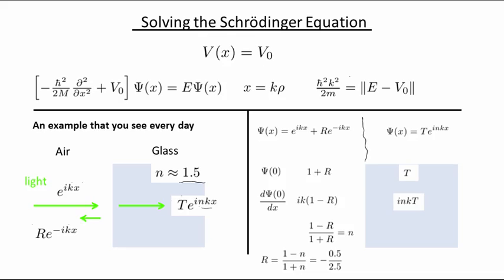We have a wave function on two sides of an interface, the air and the glass, so we have to match the values of the wave function at the boundary. For x equals 0, that's very easy. It's 1 plus r here. It's t here. So we have to have 1 plus r equal to t. And then we match the derivatives. This is the continuity condition that's required in quantum mechanics. Once again, it's easy to differentiate: this side is ik times (1 minus r), and this side is just ik times t.